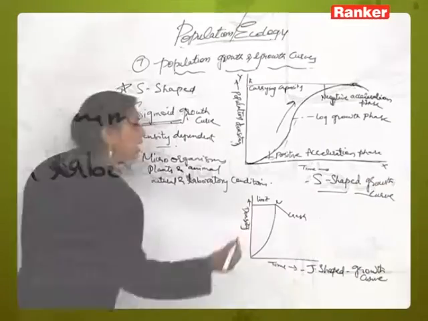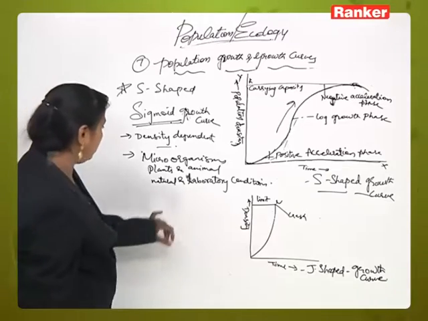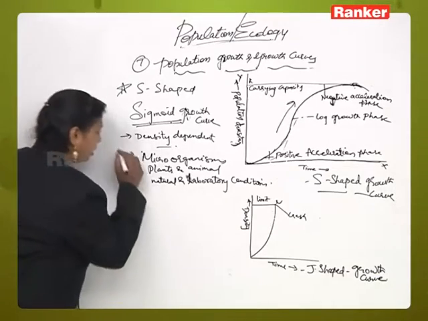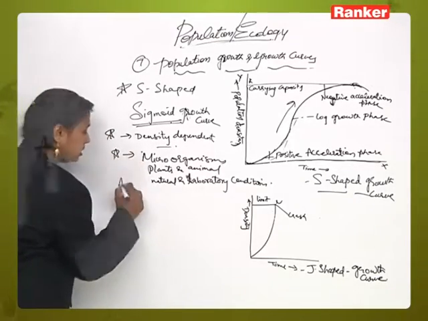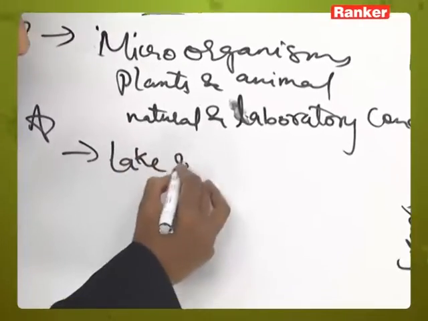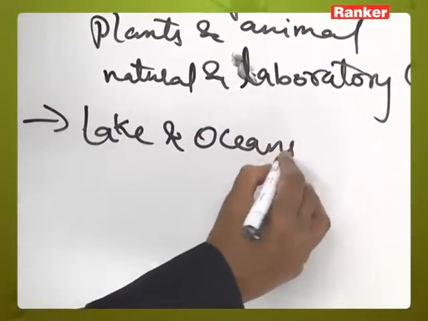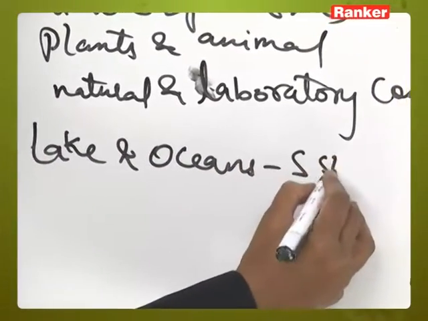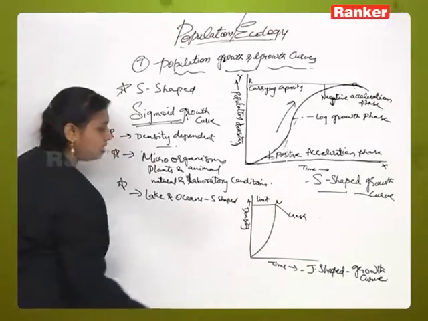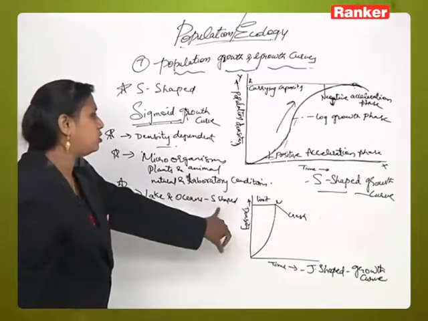This is very important, and in lakes and oceans, these are all important for your multiple choice questions. In lakes and oceans also you will see the S-shaped sigmoid growth curves.